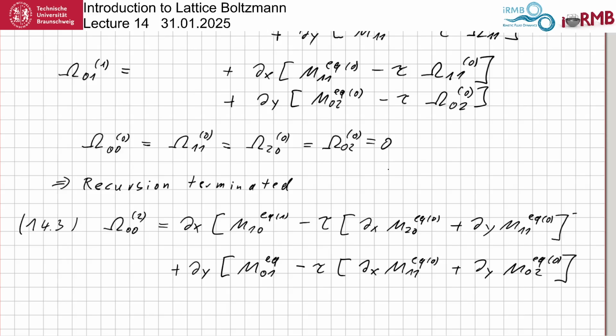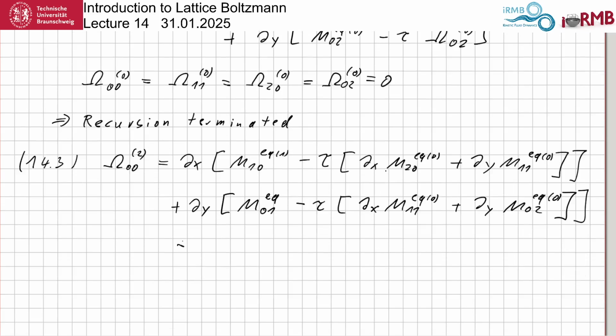I'm missing brackets, right? So plus dt M0, 0 equilibrium to zero order. So this is the equation that is being solved. And now we can decide on this stuff, and by so doing, we design our model.